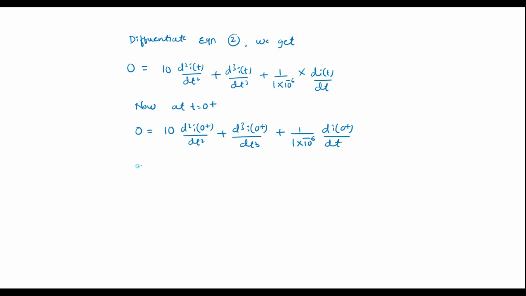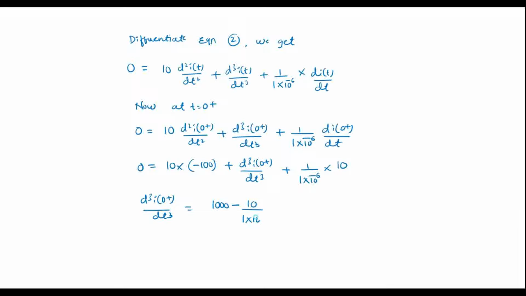Now let me substitute the values. 0 equal to 10 into d square i of 0 plus, which was calculated as minus 100, plus d cube i of 0 plus by dt cube, plus, as we already found di of 0 plus by dt is 10, so 10 divided by 1 into 10 power minus 6. Therefore d cube i of 0 plus by dt cube is equal to 1000 minus 10 divided by 1 into 10 power minus 6.